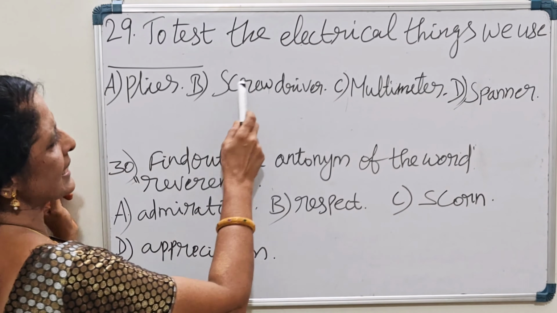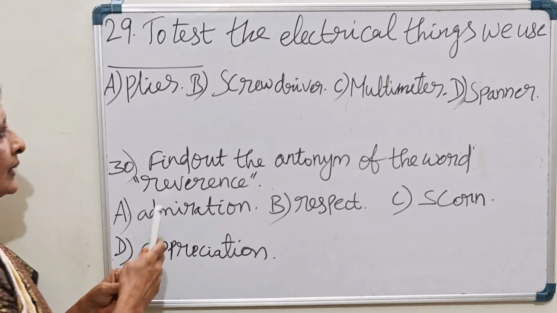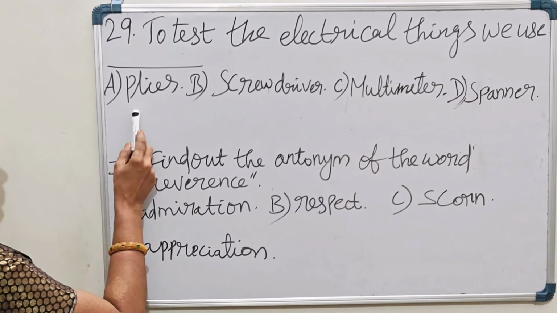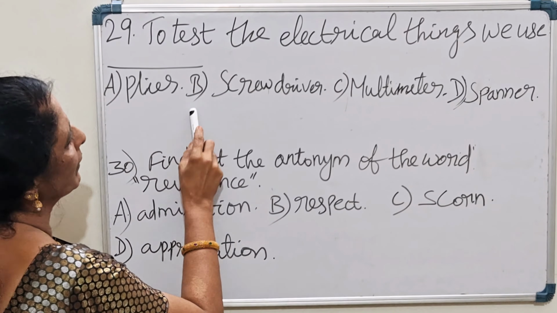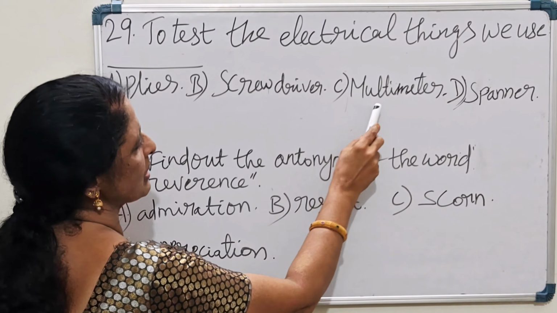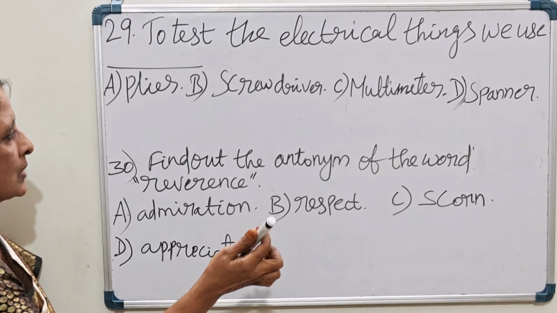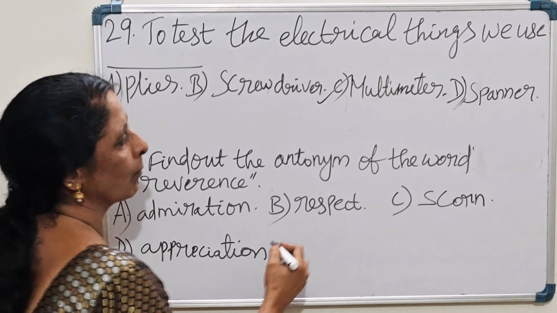To test the electrical things, we use dash. We will use a tester. Okay, now we'll see the options. A. Plier, B. Screwdriver, C. Multimeter, D. Spanner. Here option C is the correct answer.